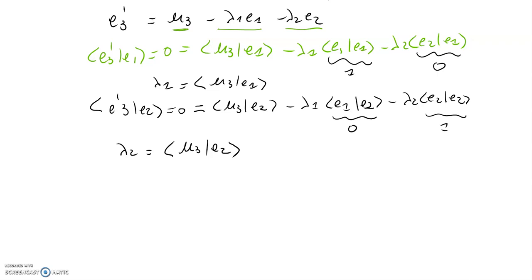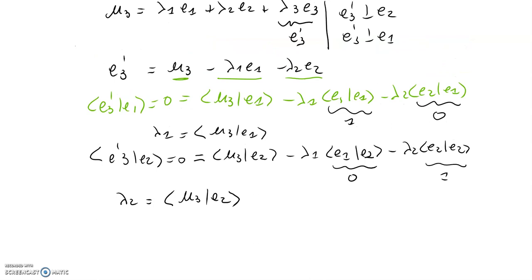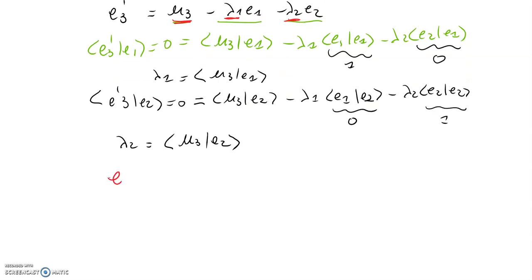We knew u3, we have found lambda 1, we have found lambda 2. So now we have everything we need to make E3 prime. E3 prime is u3 minus the components of u3 along the previous directions: u3 minus the scalar product with E1 times E1, minus the scalar product with E2 times E2.